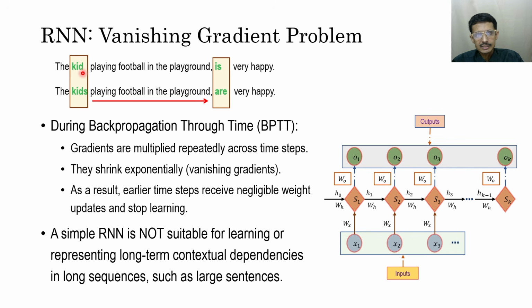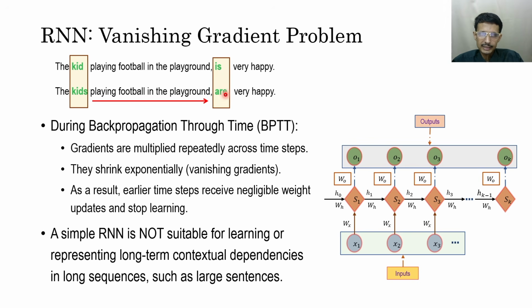You see, this is singular, so it's 'is', and this is plural. In this sentence these two words are far apart, but they are associated. During backpropagation through time, gradients are multiplied repeatedly across time steps, so they shrink exponentially, giving vanishing gradients. As a result, earlier time steps receive negligible weight updates and stop learning. So the influence of the earlier word on the later one becomes such that we almost forget it.